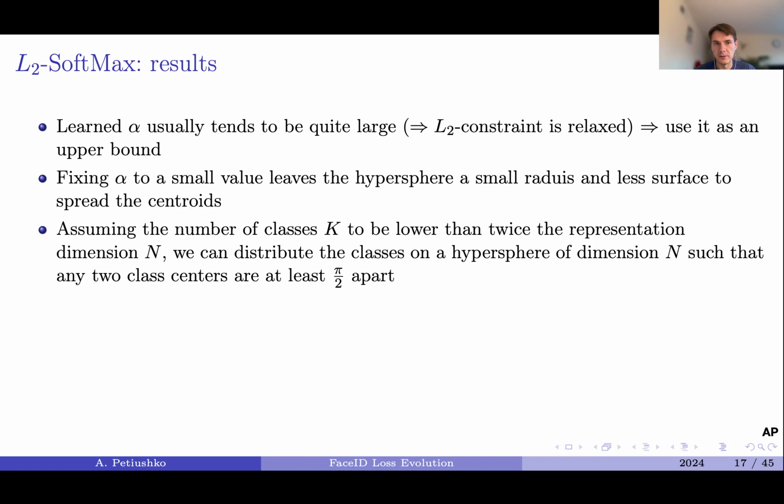So if we assume the number of classes is equal to k, and this k is lower than twice the representation dimension n, so k is less than 2n, then we can distribute the classes on a hypersphere of dimension n in such a way that any two class centers are at least pi over 2 angles apart.